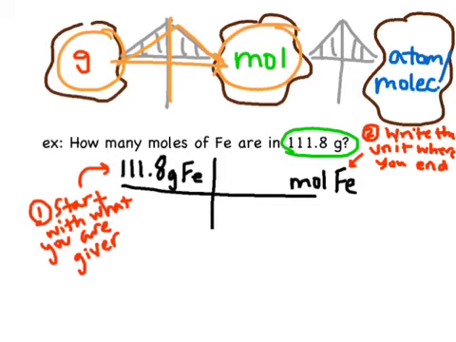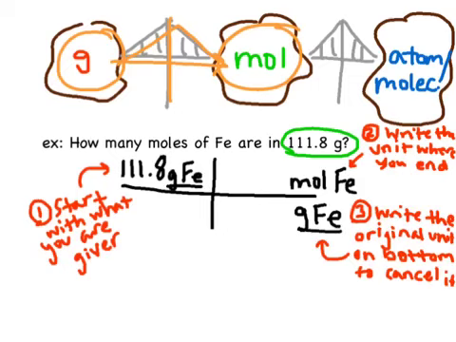Now, when we cross the bridge, in essence, we have to dump our luggage, dump our units. We have to cancel these gram units by putting them down here on the bottom right-hand side. So because we have grams of Fe over here on the top left, we must have grams of Fe on the bottom right. So write the original unit on the bottom so we can cancel it.